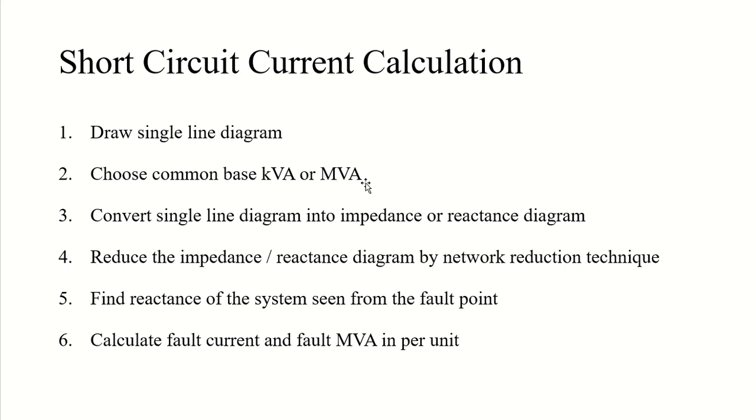Which quantities do we consider while doing the analysis of symmetrical fault? First of all, there will be voltage at any bus in your power system. Secondly, we will have current in any branch of your system. And third, we will have reactance, which is necessary to limit your fault current to whatever value you wish for, right?